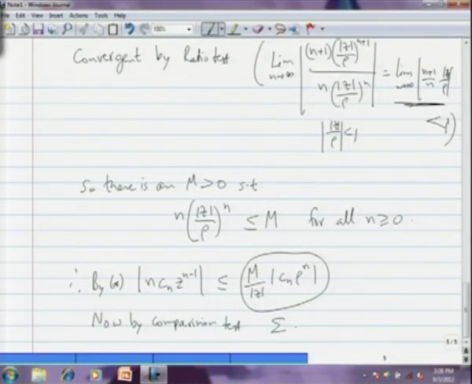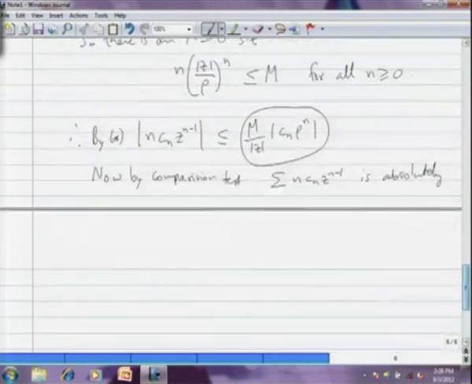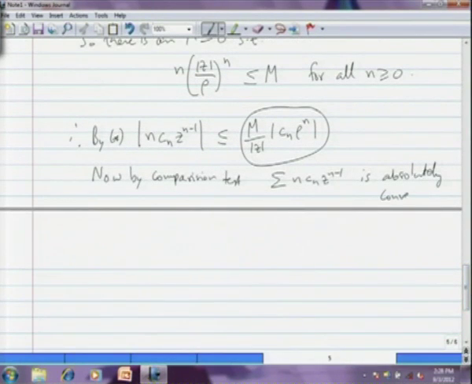So, now by comparison test sigma n C n z power n minus 1 is absolutely convergent. This term, in absolute value, is less than or equal to the absolute value of a term which belongs to an absolutely convergent series. So, by comparison test this series is absolutely convergent.